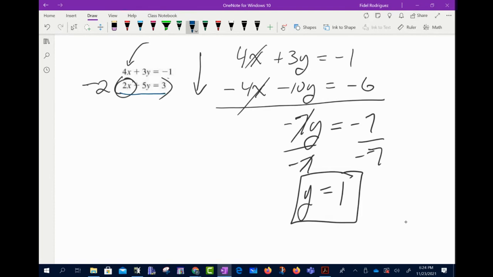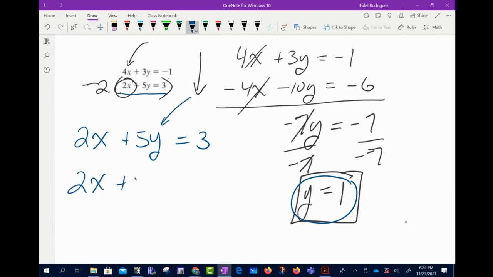So look, I'm going to take the bottom equation. The bottom equation was 2x plus 5y equals 3. Again, I can use the top equation, y'all. I can use the bottom equation. It really doesn't make any difference. I'm going to end up with the same value anyway. But I'm going to plug in y equals 1 right into here. So this is going to give me 2x plus 5 times 1 equals 3.